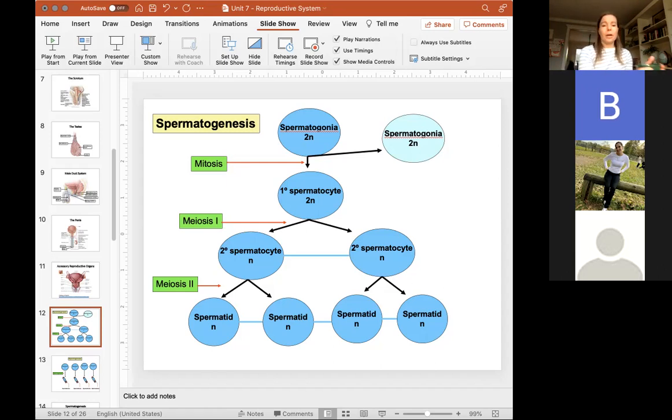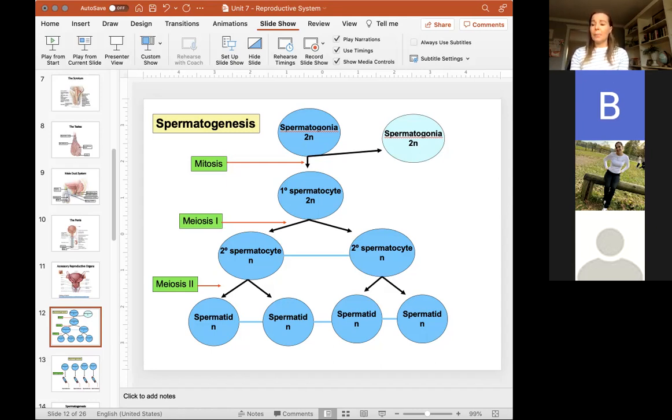All right, so remember that spermatogenesis is the production of sperm. And this process begins at puberty, once an individual hits puberty, and it continues throughout the lifetime of the male. So it continues for your entire life, basically, once it begins.